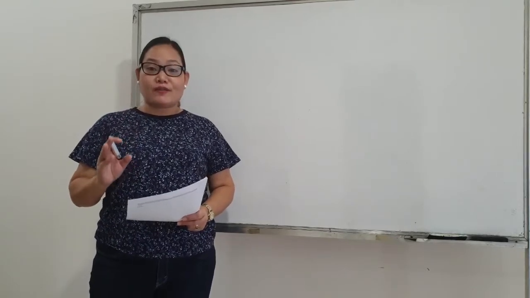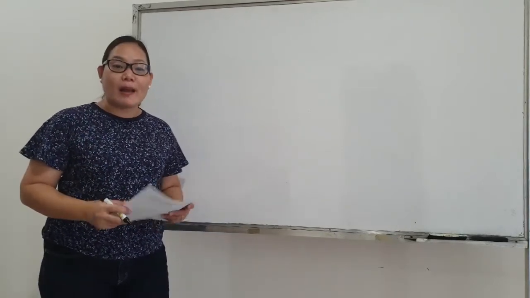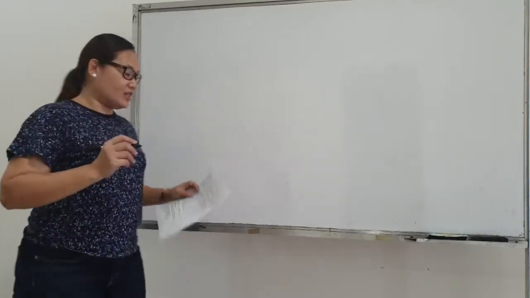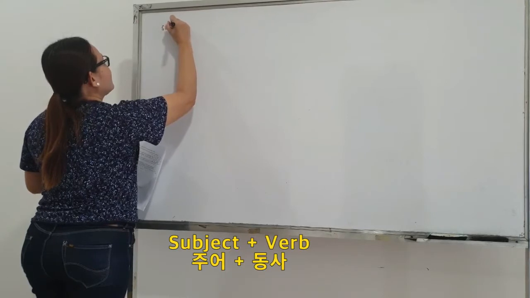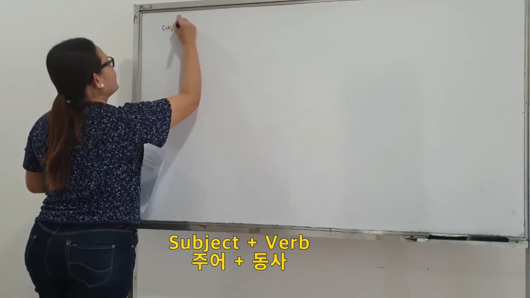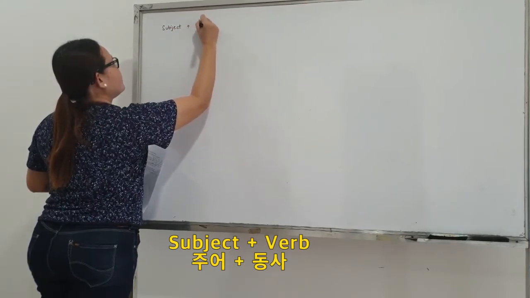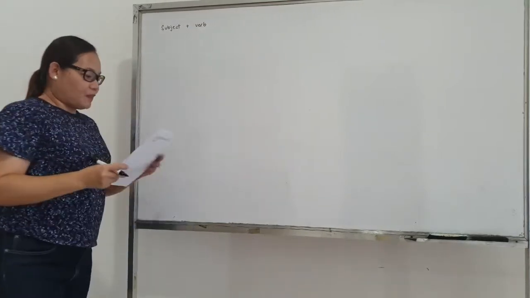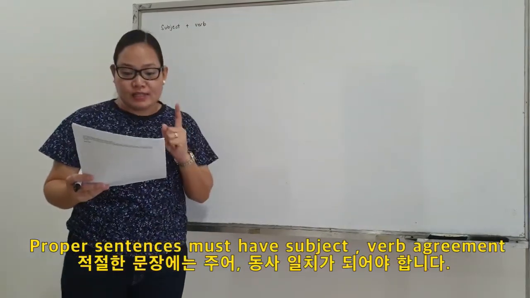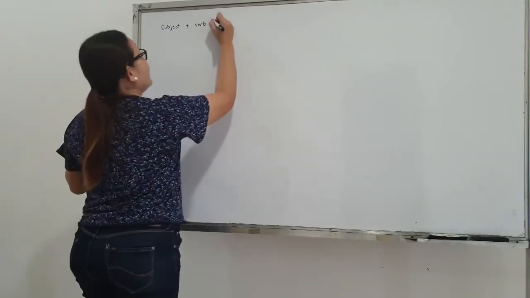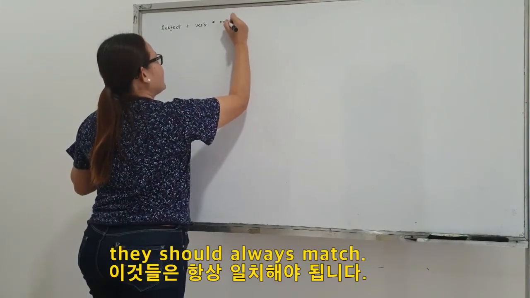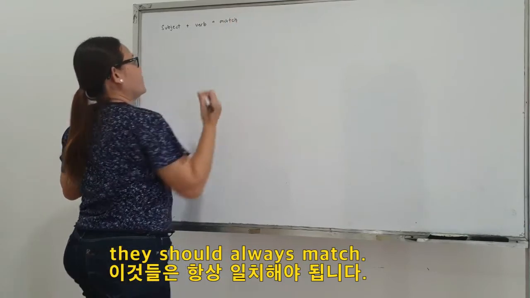When we say subject-verb agreement, the subject must go with its verb, okay? Subject plus verb. Okay, so proper sentences must have a subject and a verb, and they should always match.